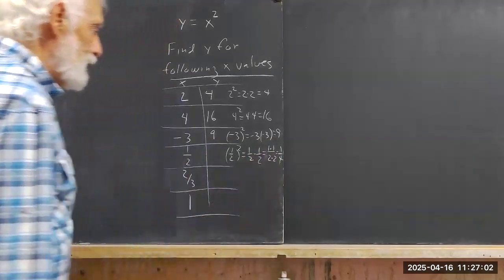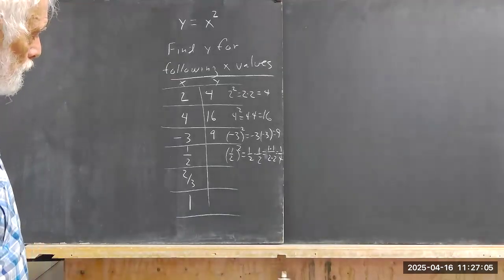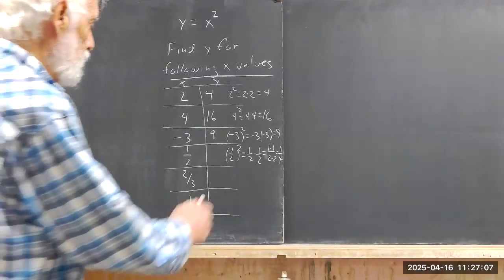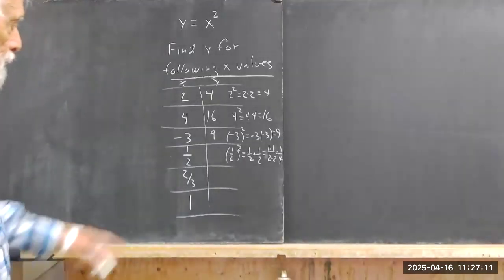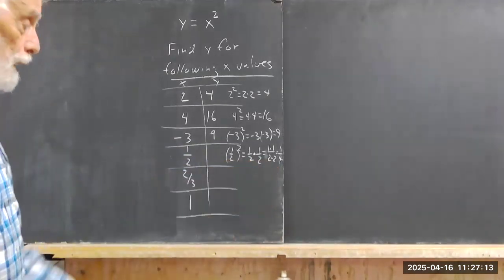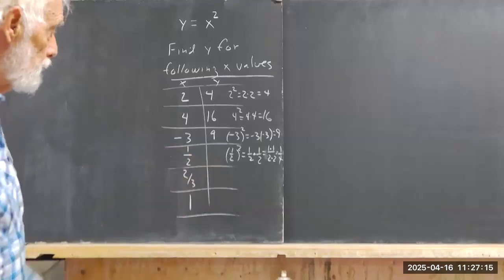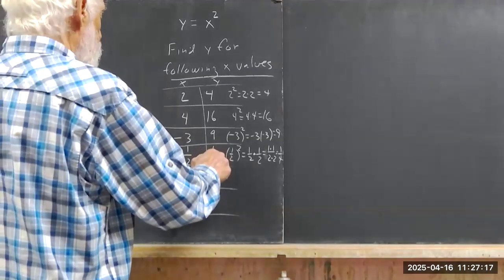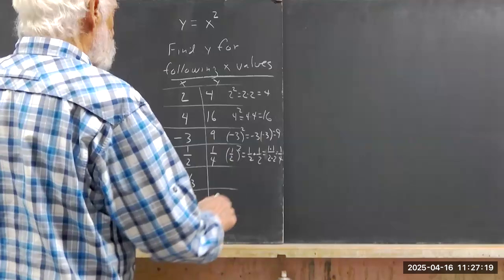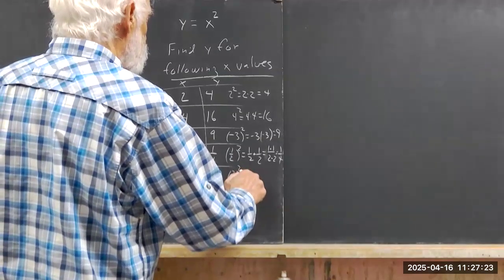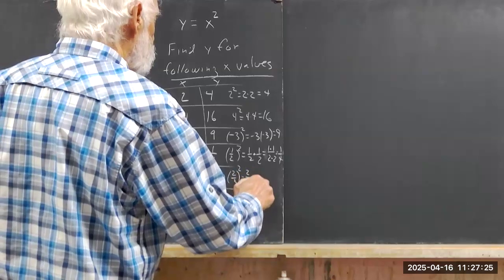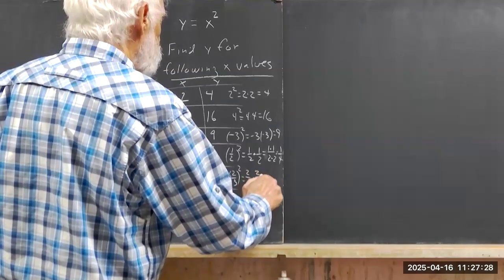Make it a little clearer. And this is a dot, not a minus sign. Okay, so that's what we have. So next to 1/2 on this table, we're going to write 1/4. I threw in 2/3. That's 2/3 squared, which makes 4/9.